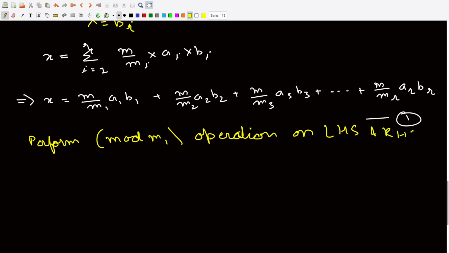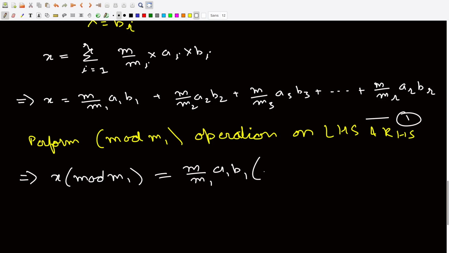So now this basically becomes x modulo m1 equals m upon m1 a1 b1 modulo m1 plus 0, right?